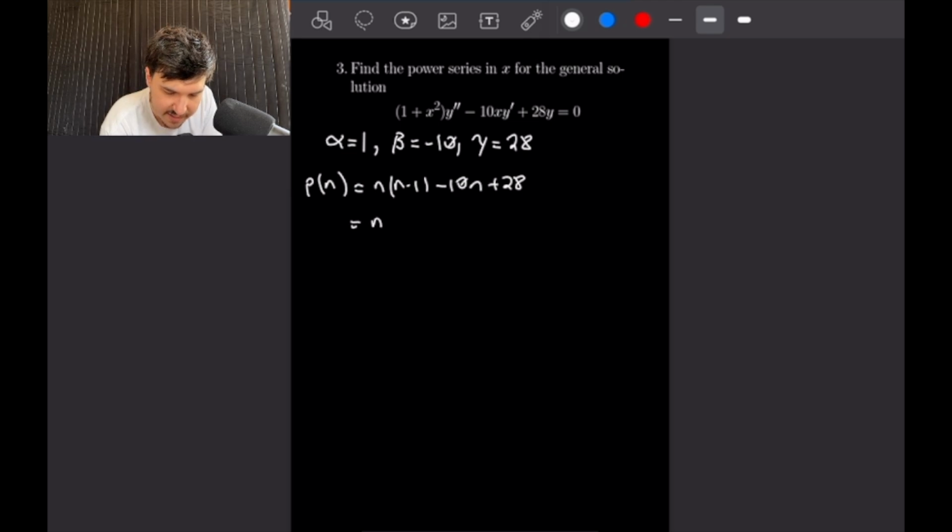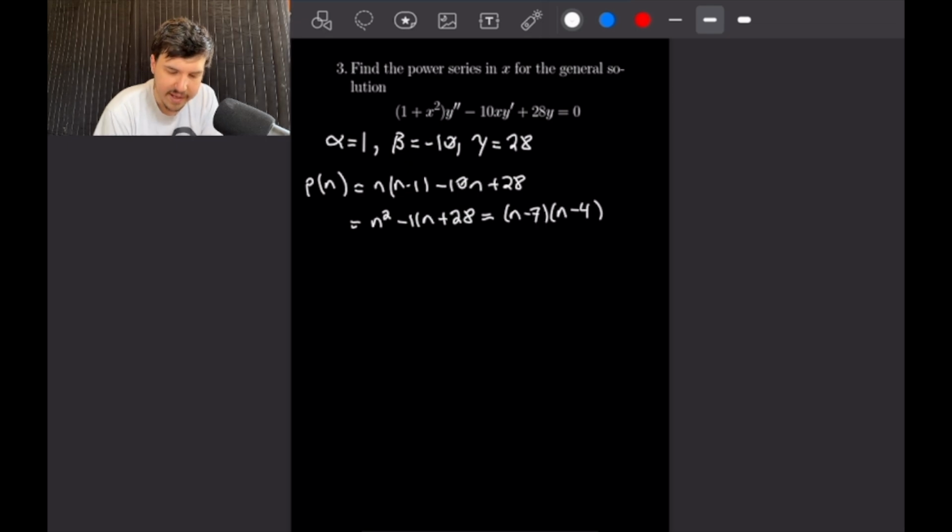So we will have an n squared minus n minus 11n, and then lastly plus 28. We can see that this will factor in the following way. This is equal to n minus 7 times n minus 4. Great. So let's go ahead and plug this value for our p of n into the definition of our a sub n plus 2.